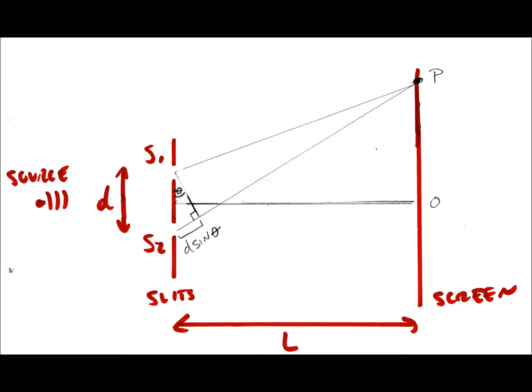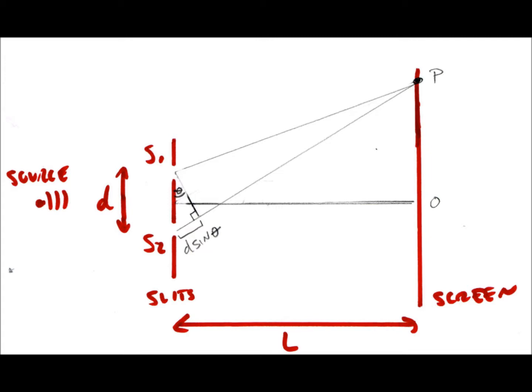Here we start to develop some of the mathematics for this. Here I've drawn a line down from slit 1 so that it is perpendicular to the line which connects S2 to P. That line makes a little triangle, and I've drawn an angle theta there, and I've labeled the base of the triangle as equal to d, which is the slit separation, times the sine of theta.